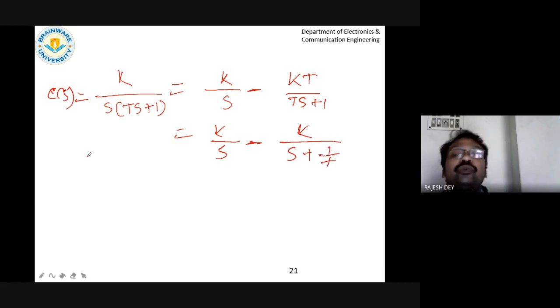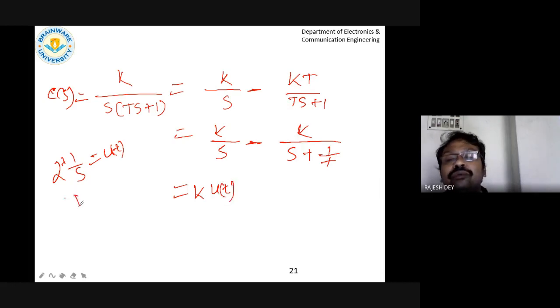As we know, what is the inverse Laplace of 1 by s? Ut. So that is equal to k into ut. And by the shifting property, the inverse Laplace of 1 by s plus a is e to the power minus at into ut.